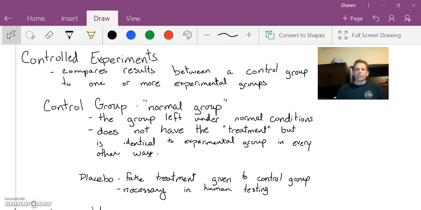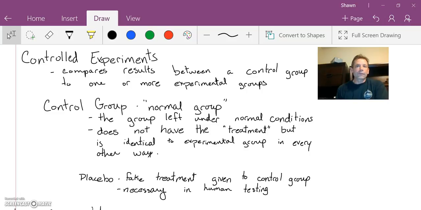Well, the control group is called the normal group, and it's under normal conditions, and sometimes we say that it doesn't have the independent variable in it. It doesn't have the variable in it, so that you're leaving one group alone, and that's your baseline. That's where you're going to compare your other groups to see if there is an actual change.